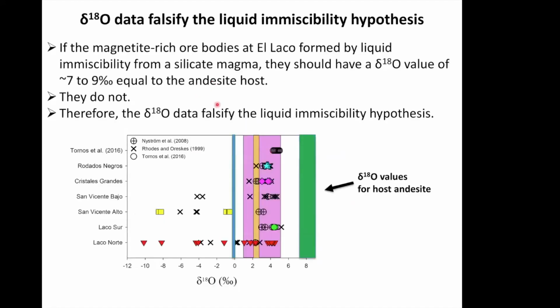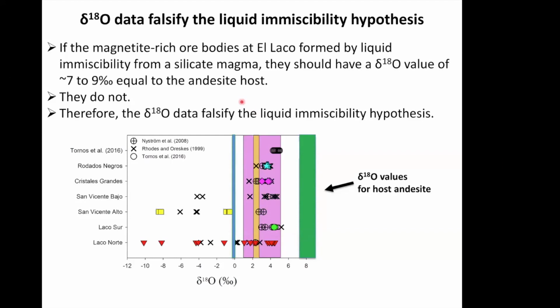Well, what we observe at El Laco is that the andesites that host the ore bodies have oxygen isotope values in terms of delta 18O somewhere between 7.5 and 9. And this has been published in a number of papers. And all of the data for magnetite from Laco, excluding the samples that are altered, fit within this range from about +1 to +4.5, maybe +5.